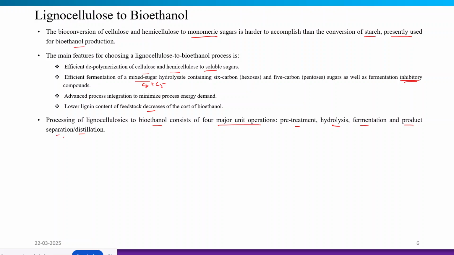In product separation we follow evaporation and solvent liquid extraction processes for separating bioethanol from other products like acetone and butanol. We have to separate out the bioethanol.